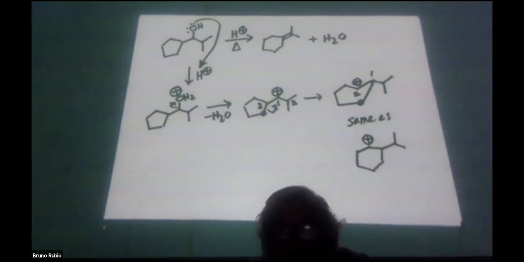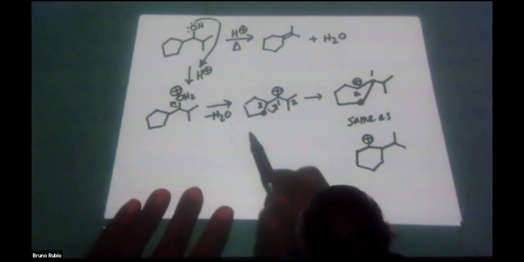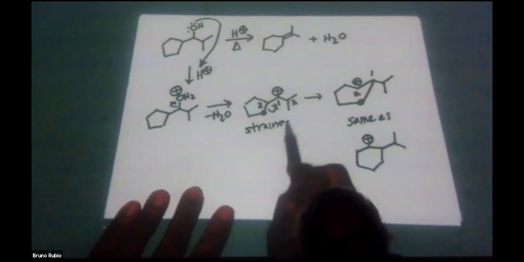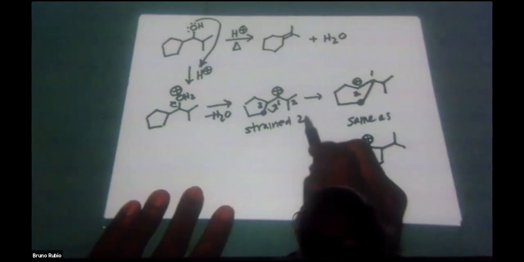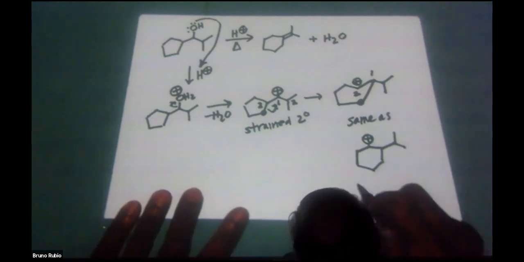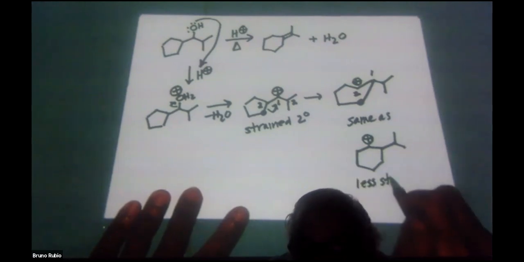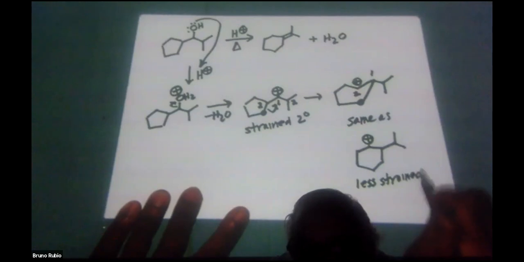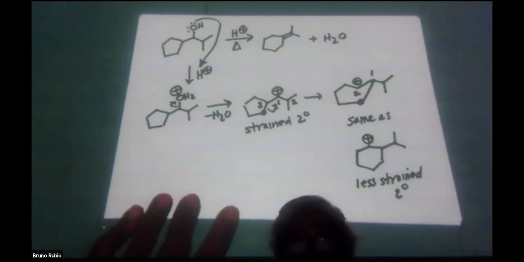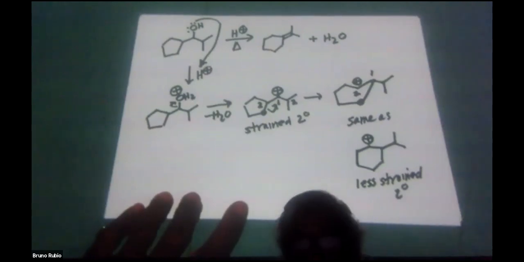And you see, we've gone from a strained secondary ion that had that 5-membered ring to a less strained secondary ion. So that's why this rearrangement happens the way it does, because we got rid of that strained 5-membered ring.